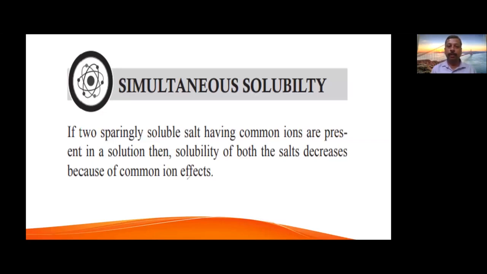Next topic is simultaneous solubility. Simultaneous solubility occurs when there are two sparingly soluble salts, and one more thing, a common ion must also be present. Both must be sparingly soluble and the common ion must be present.